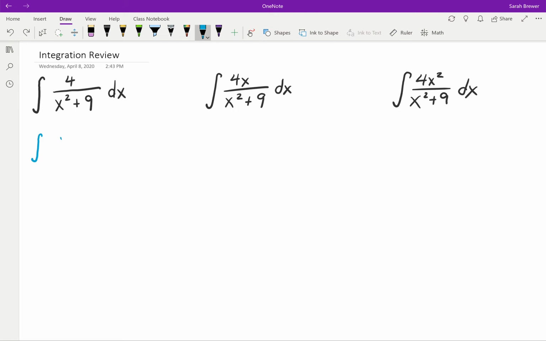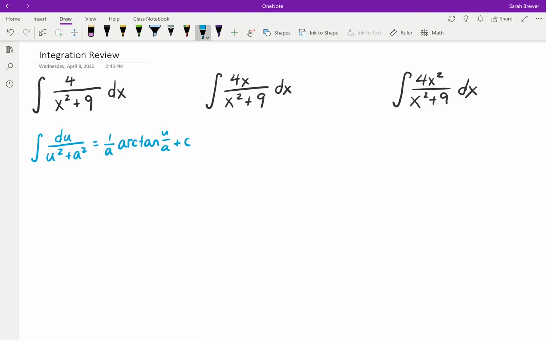All right, so our general formula is that the integral of du over u squared plus a squared is equal to 1 over a arctan u over a.